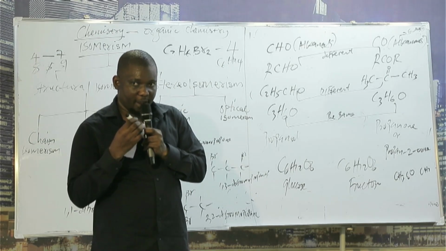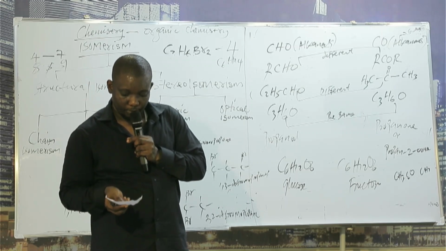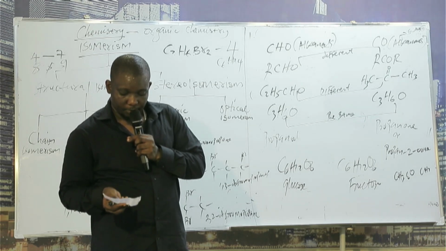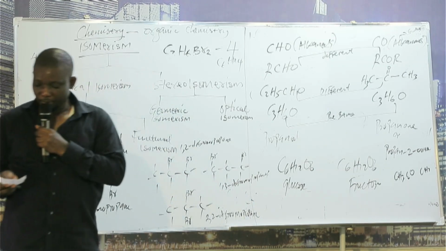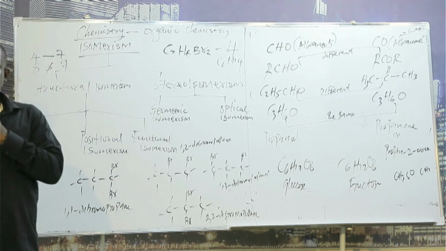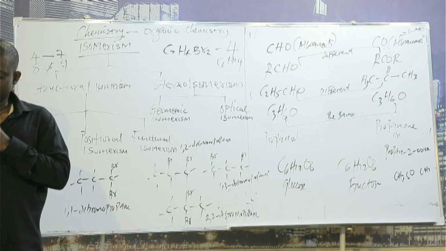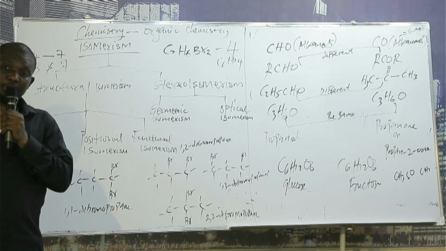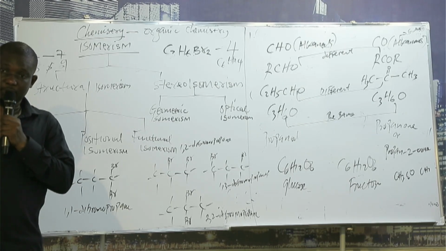See, why I forgot to say that is because any isomer that is different in functional group, we don't consider it as one of the main isomers of a compound.